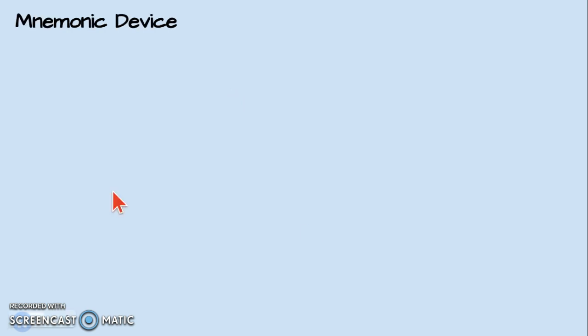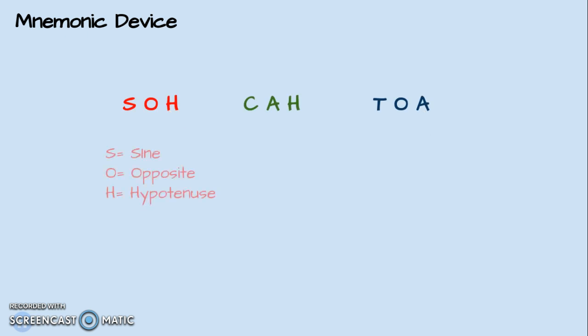There's also a popular mnemonic device that is used to help remember the trigonometric functions, and it is SOH CAH TOA. We have SO, S stands for sine, and sine is equal to opposite over hypotenuse.